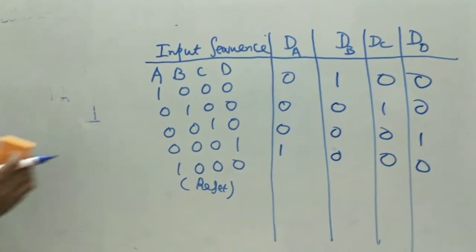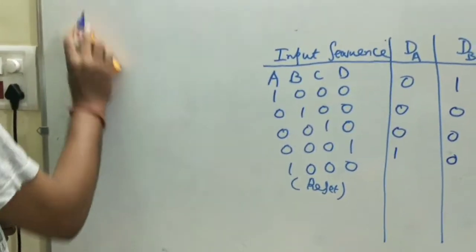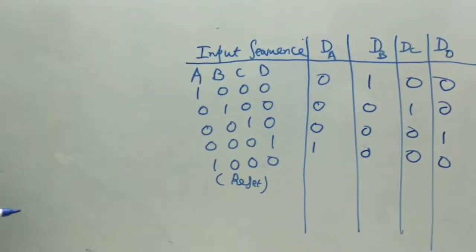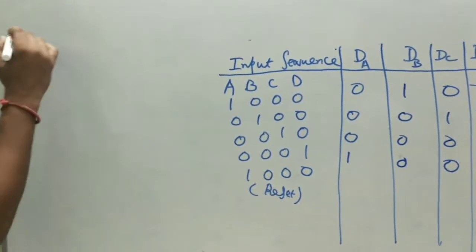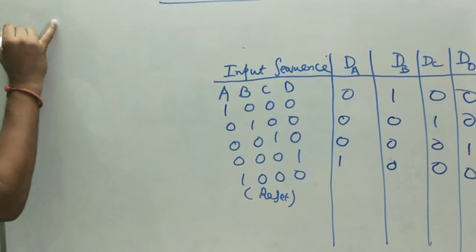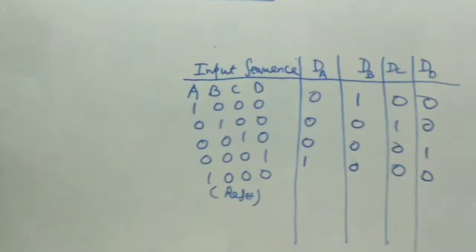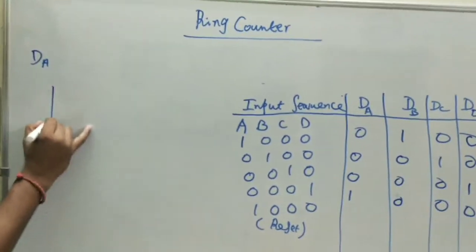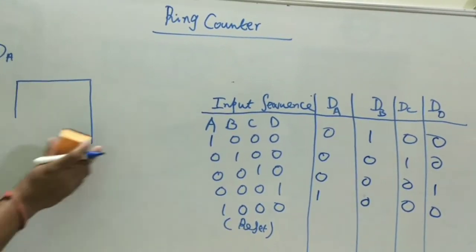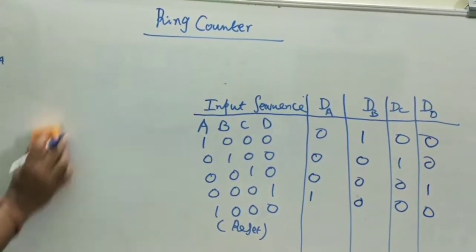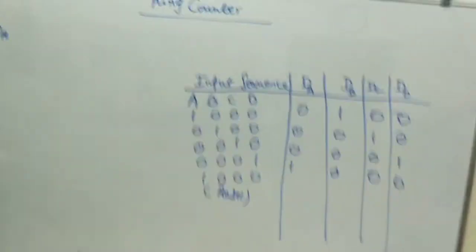Now we need to find the expression, or the input, for DA. We need to find the K-map for DA. So it is a 4-variable map. How many flip-flops will be used for constructing this counter? Four, because the sequence consists of 4 bits.